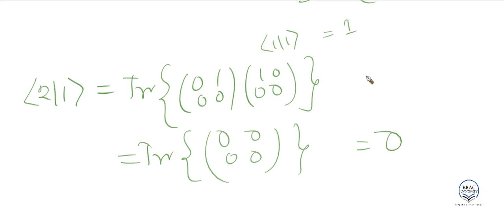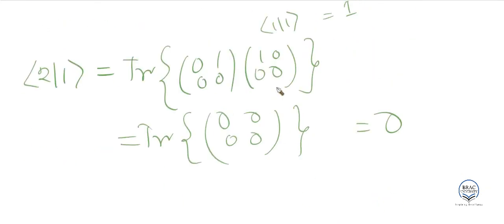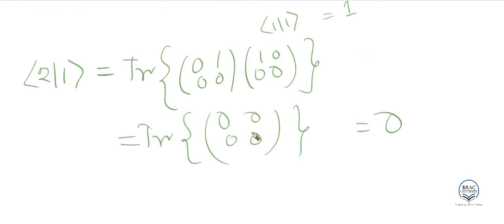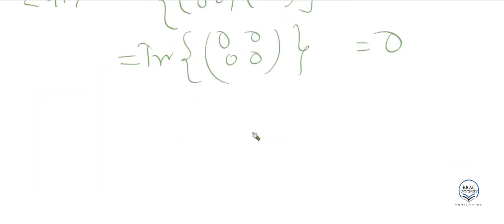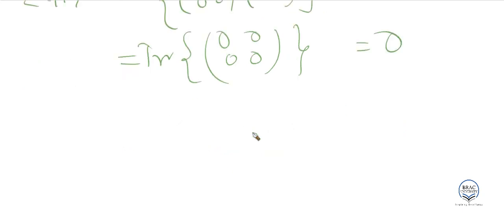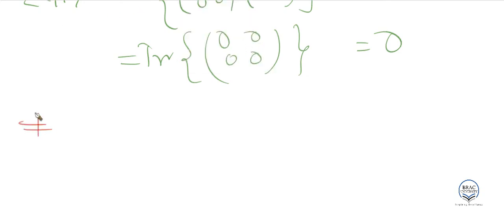So this is nice, and you can eventually show that |3⟩ and |4⟩, all of these objects |1⟩, |2⟩, |3⟩, |4⟩, satisfy this property. That is, when they are dotted with themselves they give you 1, but if they are dotted with a different vector or a different ket, they give you 0. So when you represent your vectors with matrices, the inner product corresponds to the trace of the product itself. Let's try to write it down.